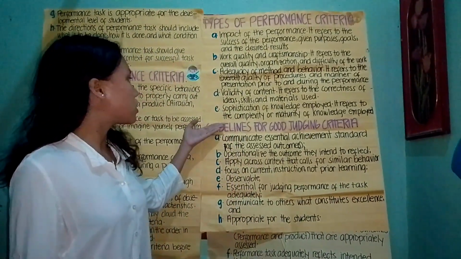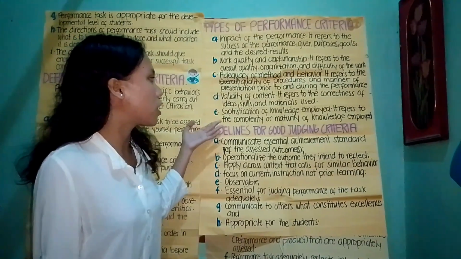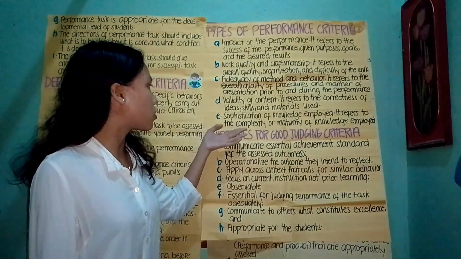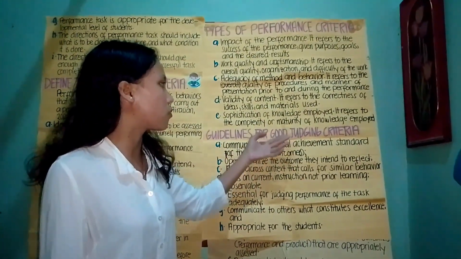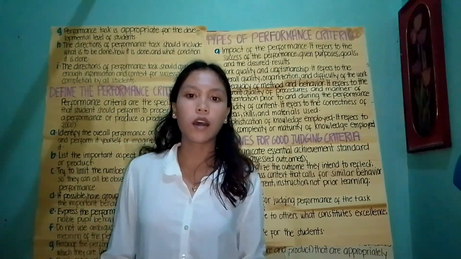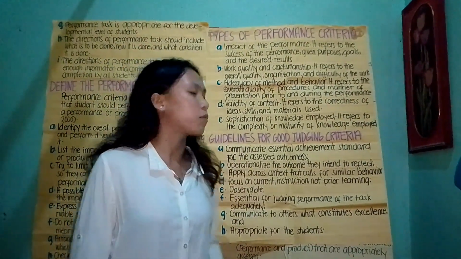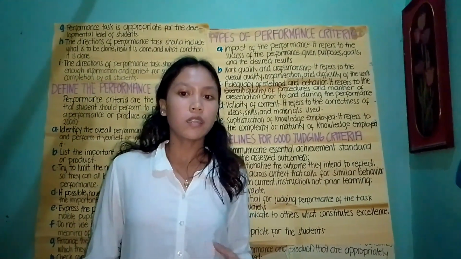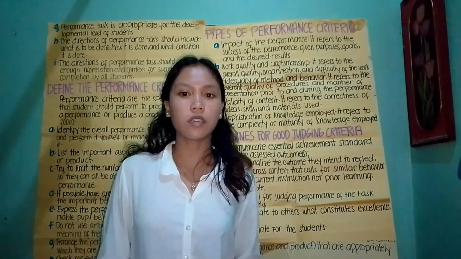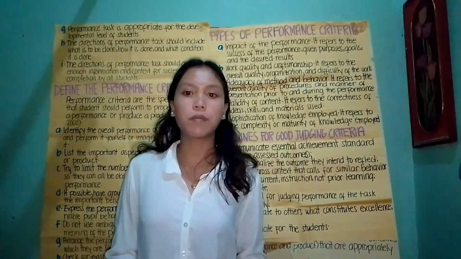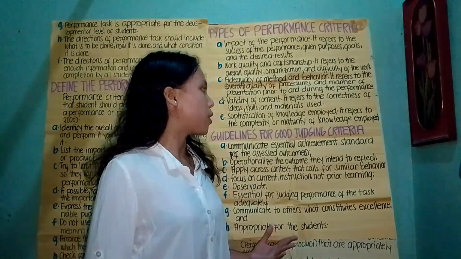And for the letter E, sophistication of knowledge employed. It refers to the complexity or maturity of knowledge employed. So the sophistication of knowledge employed considers how advanced or truthful the knowledge used in the performance is.